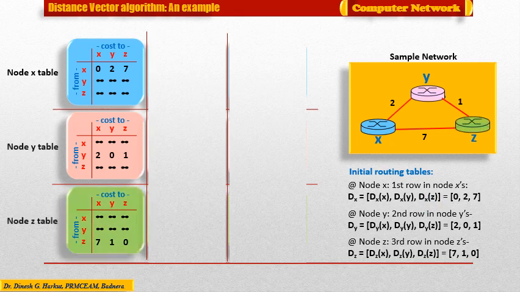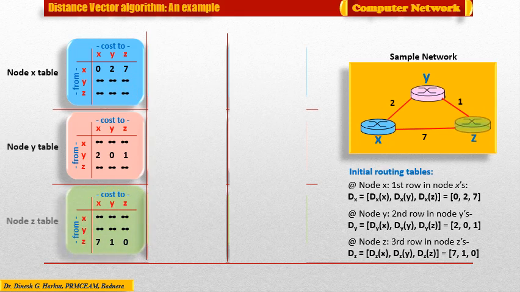Hence, the values 0, 2, 7 come here. The second and third rows in this table of node X are the most recently received distance vectors from node Y and node Z respectively. Because we are at the initialization stage, node X has not received anything from either node Y or node Z. Hence, the entries in the second and third rows are initialized to infinity.